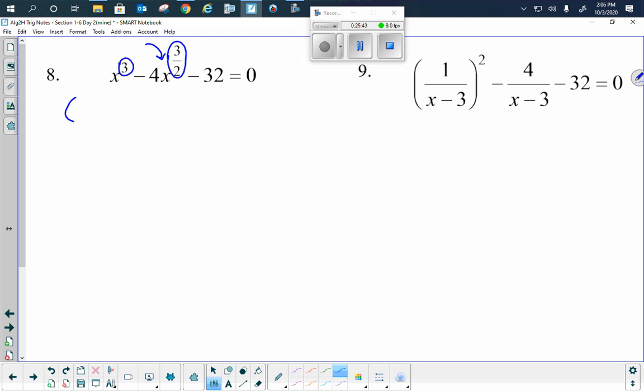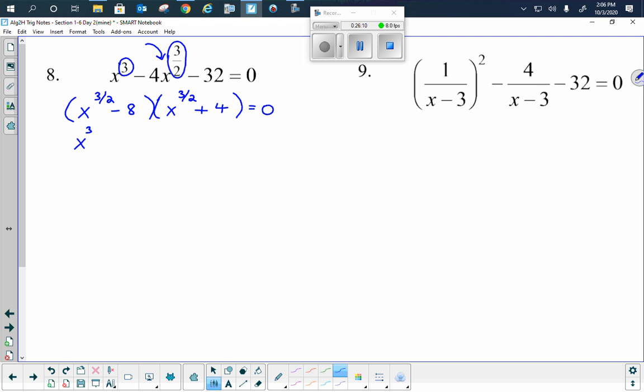That would go in the front of each. So x to the 3/2 in both sets of parentheses. And the numbers to add to be -4 and multiply to be -32 once again are -8 and +4. And now we're ready to go with each one separately.